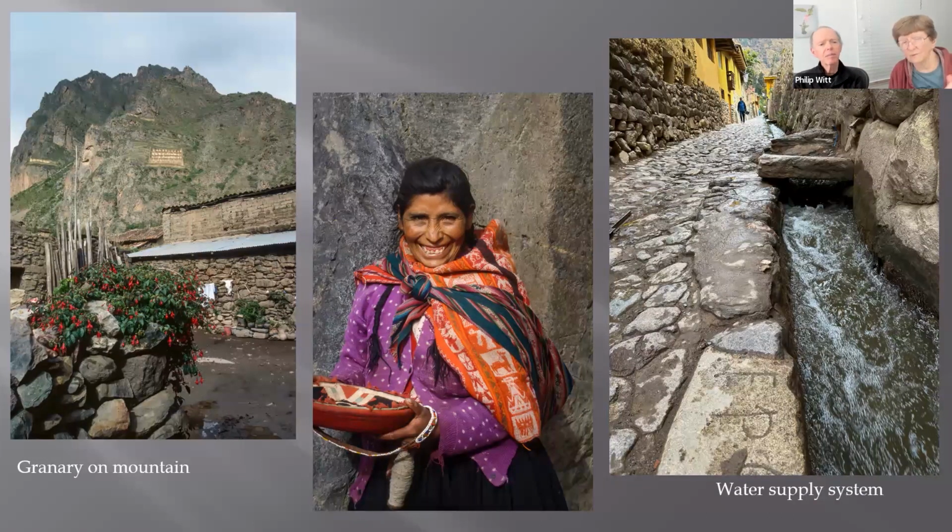And another thought was that up on the mountains, it was breezier and airier, and therefore less likely for the grains to rot. We kept them well ventilated. And then we have a woman in the middle, and it turns out the dress, the colors, the patterns on her weaving and her hat, they all are distinctive to her particular clan, the area that she comes from.